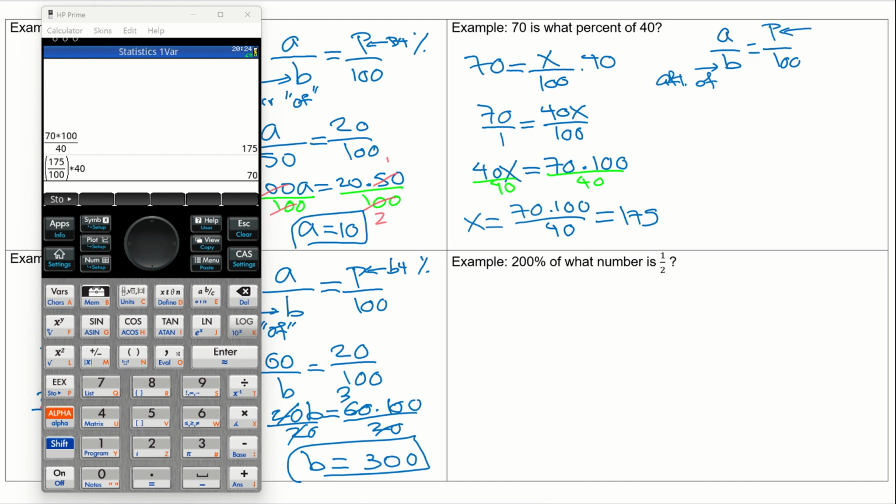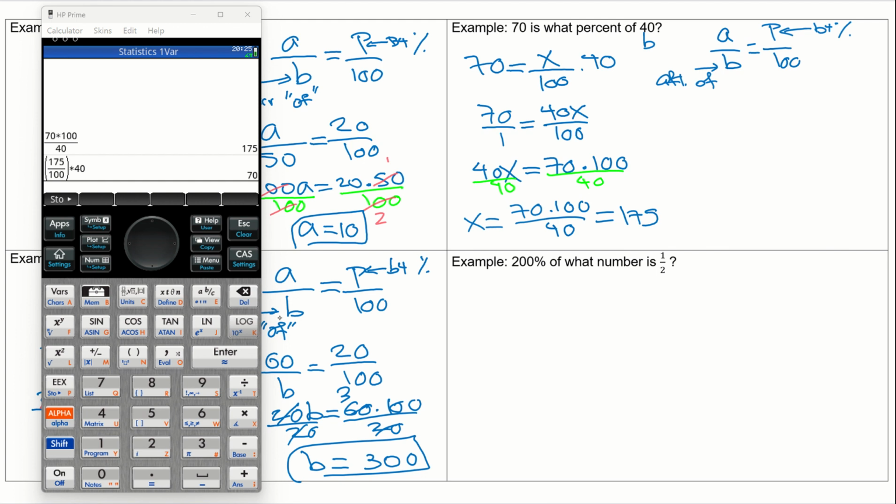For P, we're looking for what comes before the word "percent" or the symbol percent, right? So we notice that what comes after the word "of" is 40. So that's our B. We look for our B and P first because those are easy to look for, right?